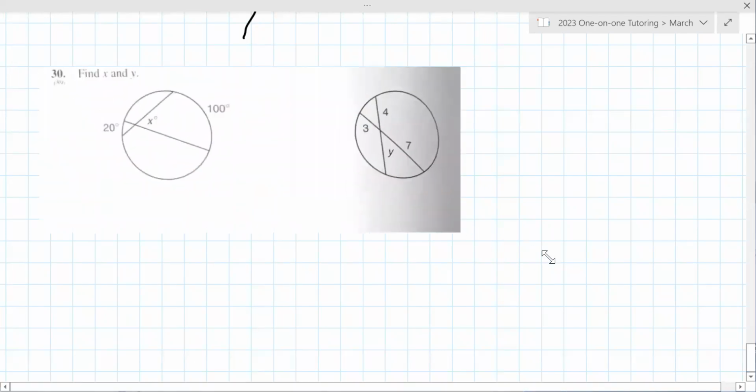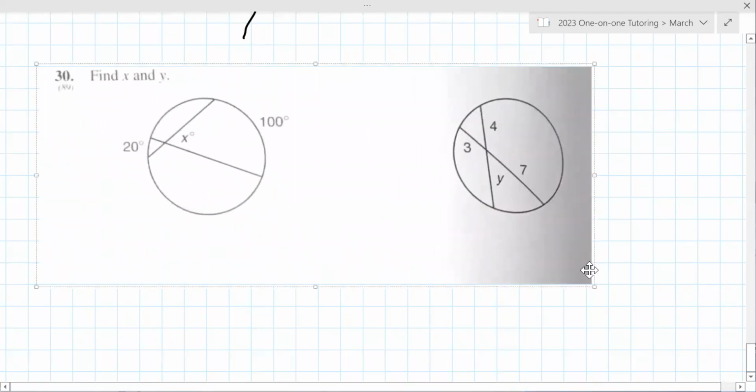All right. So here we go. The one on the left, I think, is more straightforward. It's called an interior angle, and it's off from the center. So there's three types of angles that you might see inside a circle. One is where it touches the center, the other one touches the outside edge, and then there's one that's just sort of floating.